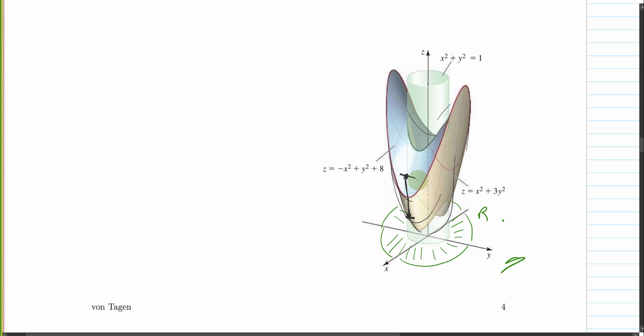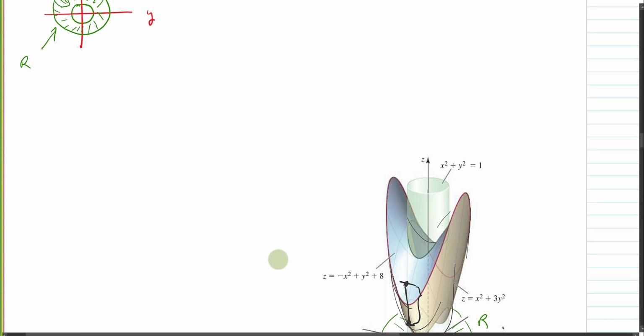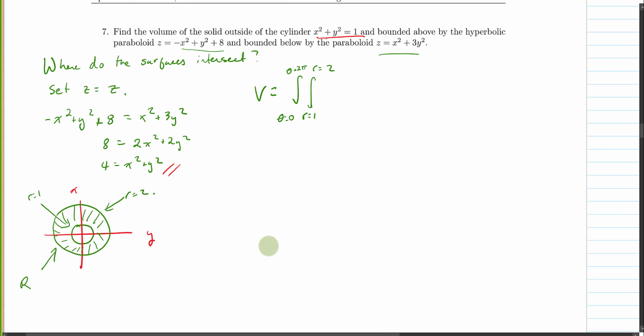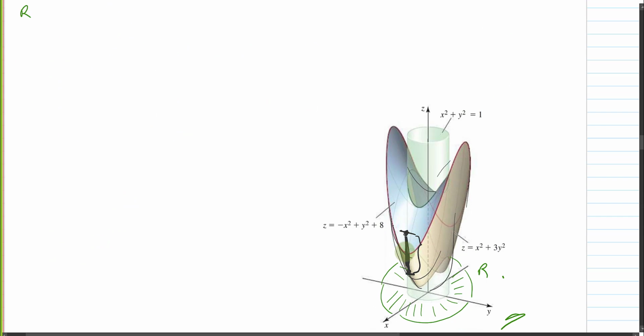So the height of this column is the upper curve minus the lower curve, and we saw the exact same thing in the rectangular coordinate system. We were told initially that it was bounded above by this curve, minus x squared plus y squared plus 8, and we subtract from that the lower curve, which is x squared plus 3y squared. That difference gives me the height of that column.